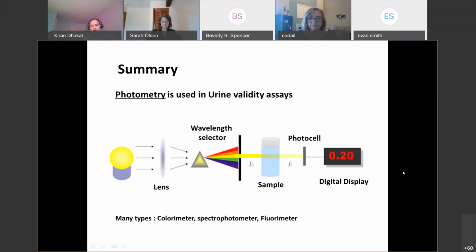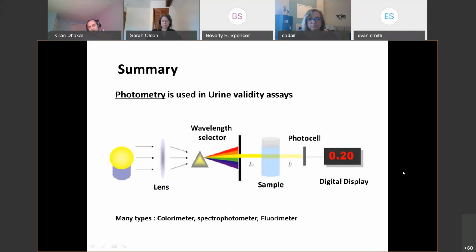So in summary, what we learn here is that we are using the principle of photometry to measure the urine validity parameters in all validity assays, which means that we're using light, a certain wavelength of light. For example, we have a light source and we convert that light into its components, because light has different colors, like a rainbow.